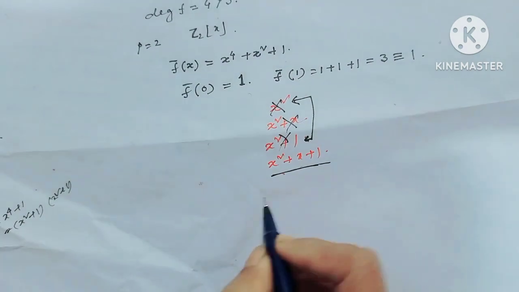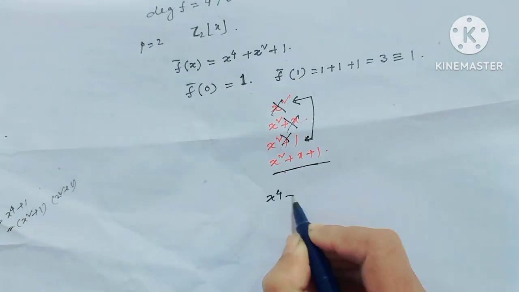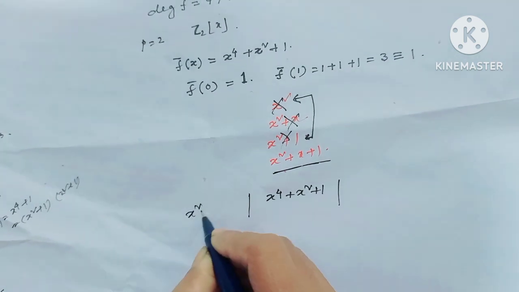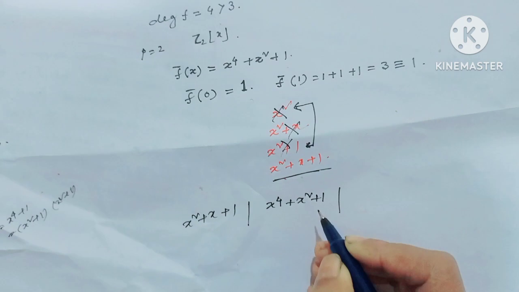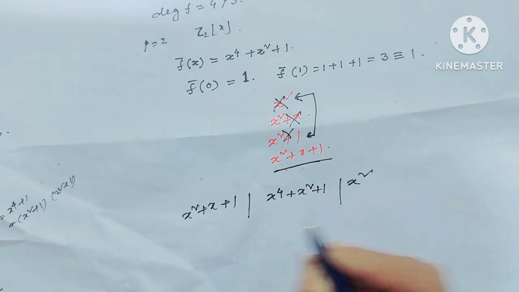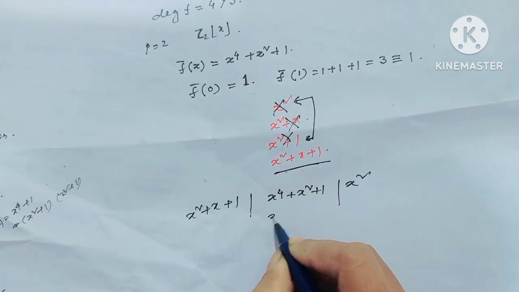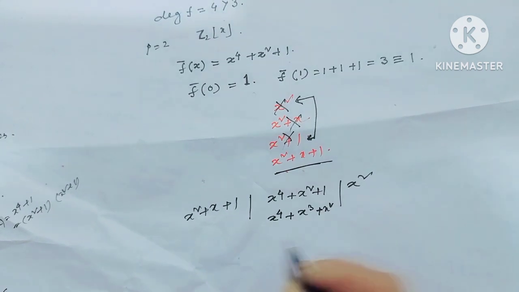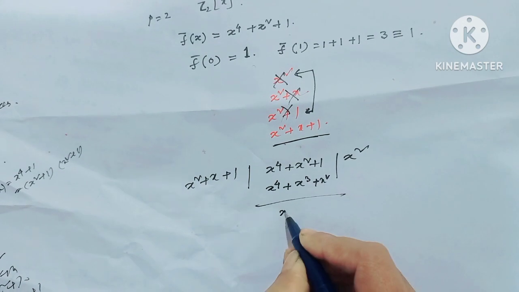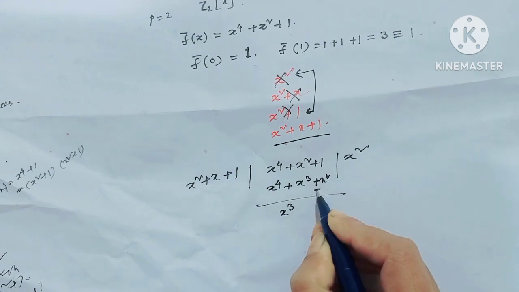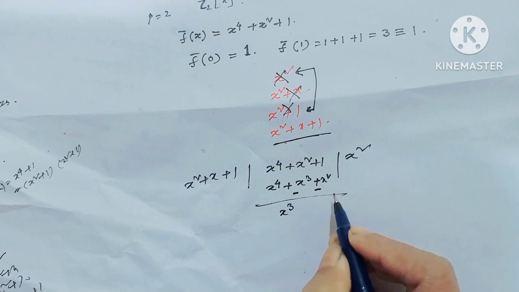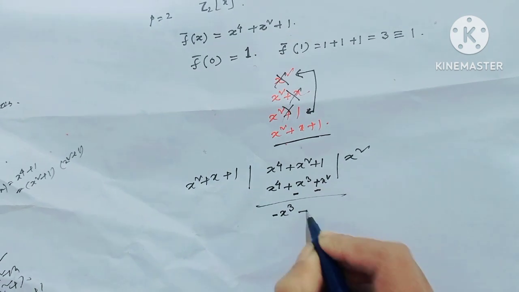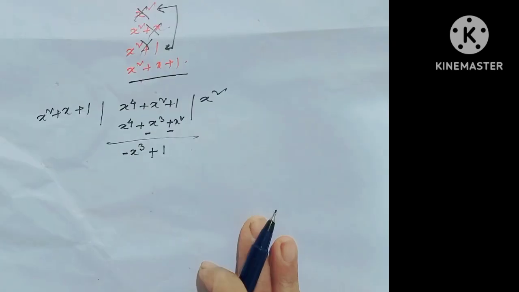Notice here x^4 + x^2 + 1. Just divide it by x^2 + x + 1. For this, at first x^2, then this value would be x^4 + x^3 + x^2, then this value would be x^3. Minus x^3, just cancel this part, plus 1.